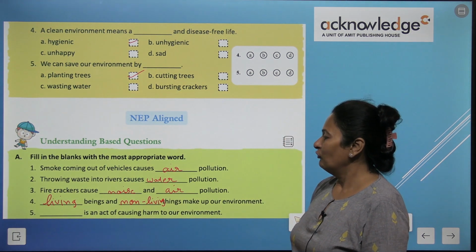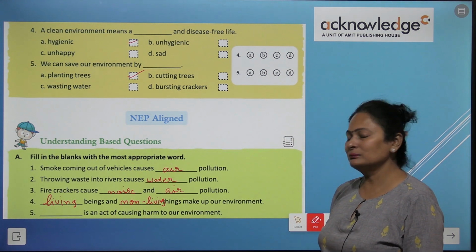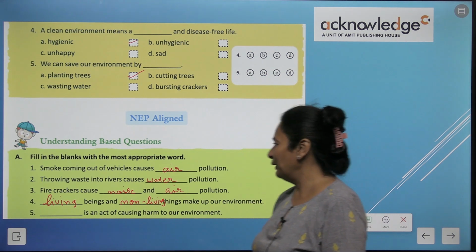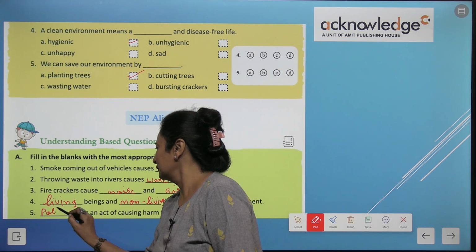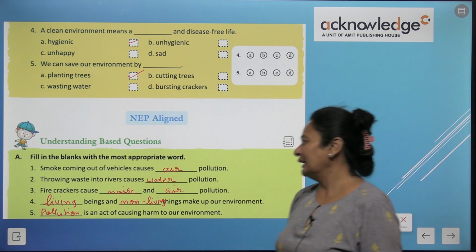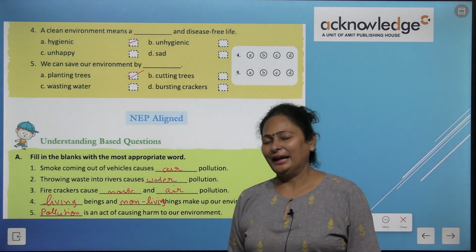Very good. Fifth one is dash is an act of causing harm to our environment. The answer is pollution. Pollution is an act of causing harm to our environment.